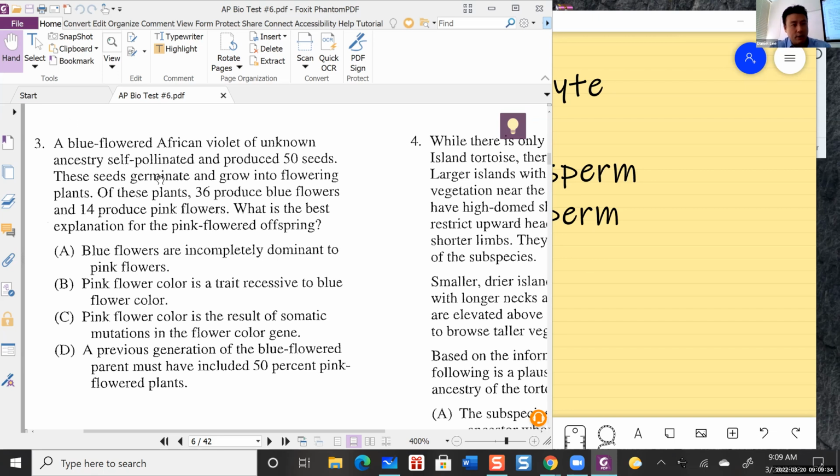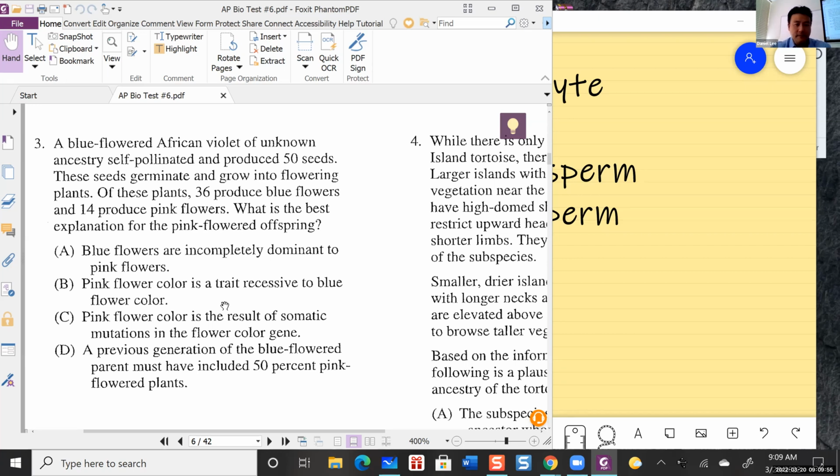Usually those flowers are more drab, wind pollinated instead of attracting insects with nectar or scent or color. Yeah. Okay. So here you have 36 blue, 14 produce pink. What is the best explanation for the pink? Well, the answer key says B, right? Pink flower is recessive. And how do we know this is a recessive trait?